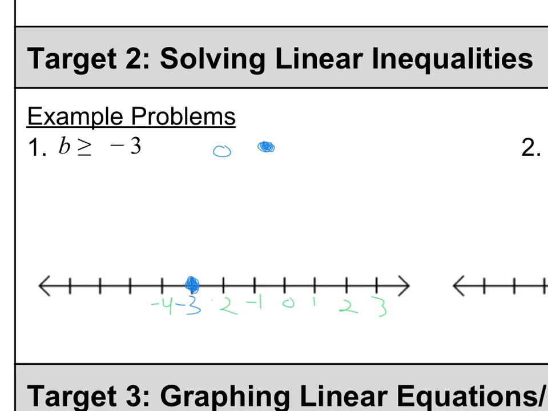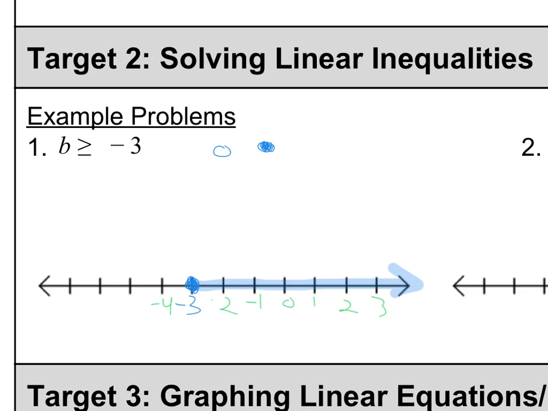And then we need the direction of shading. Well, our b value, our mysterious value, is going to be any number that is greater than or equal to -3. So any value that's bigger than -3. Well, that means I'd be shading in this direction, because all of these numbers on the number line represent a value that would be greater than -3, and since this dot is filled in, it includes the value of -3 itself.